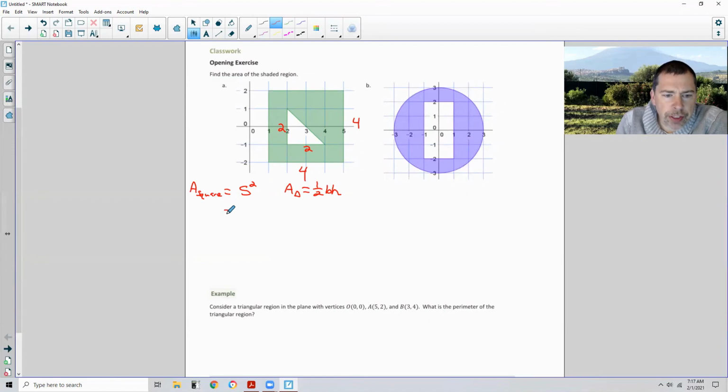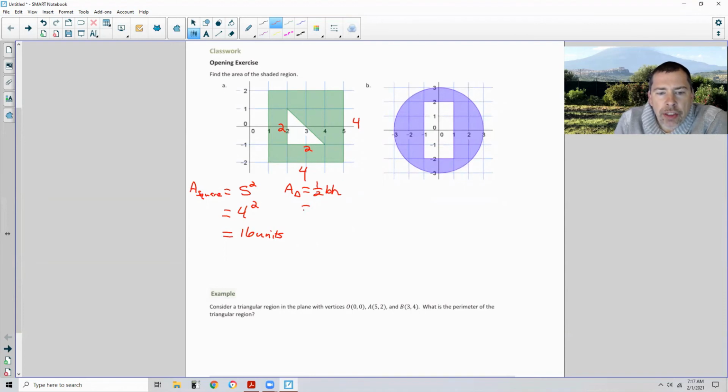So over here, the area of the square is going to be 4 squared, which is going to give us an area of 16 units. So if that triangle was not cut out of the center, the area of the shaded region would have been 16 units, but we need to subtract what they removed.